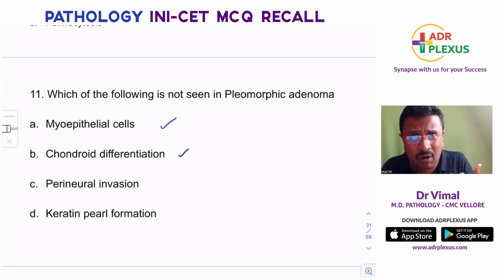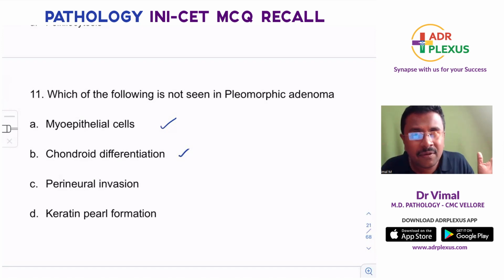Wherever there is a squamous epithelium, that squamous epithelium will start producing keratin. Do you think that a mixed tumor will not have any squamous epithelium? Definitely the squamous epithelium will be there. Squamoid differentiation will be there in pleomorphic adenoma, and squamous metaplasia can occur in a pleomorphic adenoma. There are many articles favoring squamoid differentiation and squamous metaplasia occurring in a pleomorphic adenoma, and definitely these will produce keratin pearls.